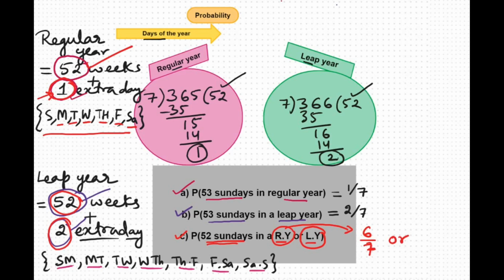So among the 2 extra days sample space, we have to search for all those outcomes which do not have a Sunday, so that we can have 52 Sundays. So there are 5 outcomes which are no Sunday outcomes. So 5 out of 7. So probability of having 52 Sundays in a leap year is 5 out of 7.